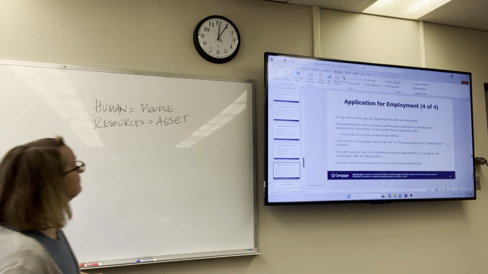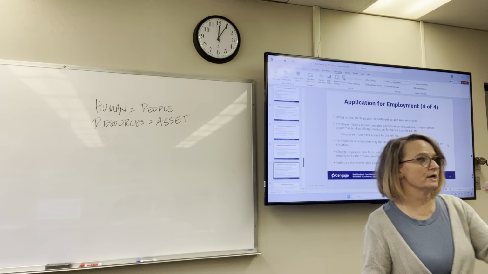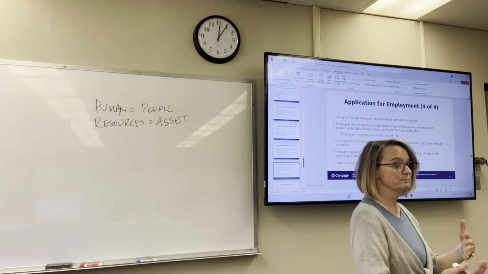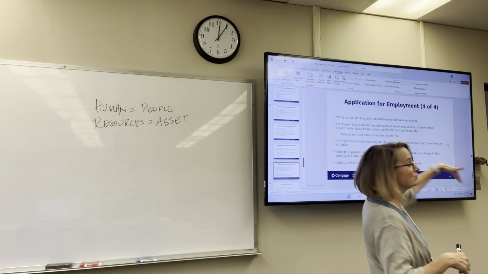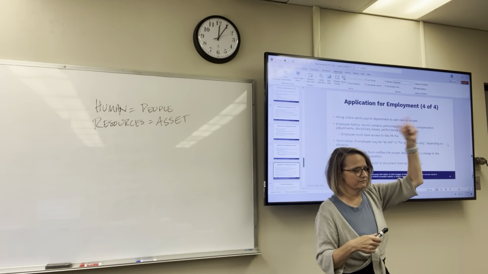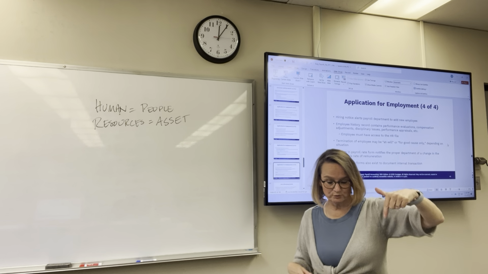Another form that the Human Resources Department will use is a hiring notice. So again, our example of the bookkeeper, the accounting department issues a hiring notice to alert, or I'm sorry, I was thinking of the requisition notice. The hiring notice actually is issued by the Human Resources Department.